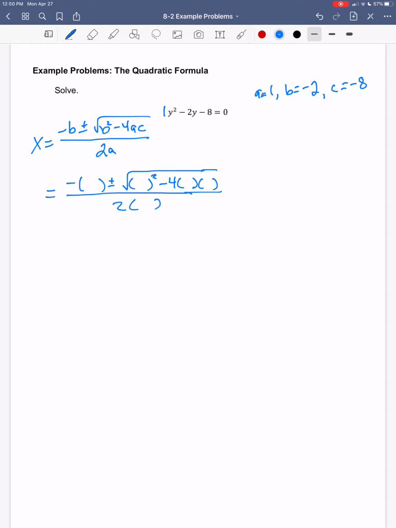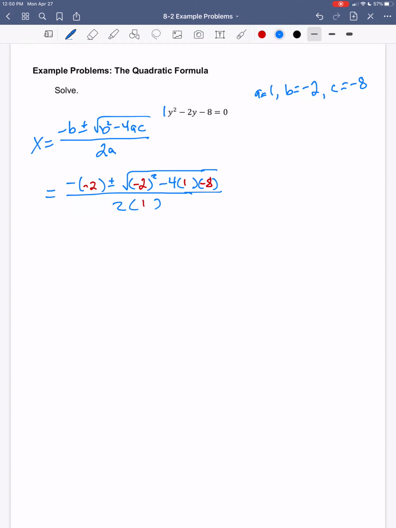See what I've done? Every value a, b, or c just got replaced with a set of parentheses, and now I just fill in my values. So instead of b, I put negative 2. Instead of a, I put 1. And instead of c, I put negative 8.